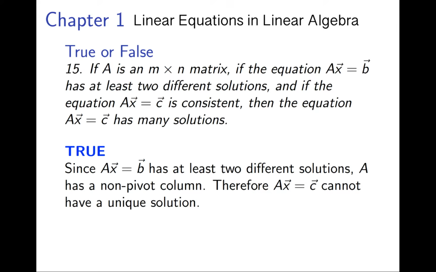Since AX equals B has at least 2 solutions, we can conclude that A has a non-pivot column. So either we have 0 solutions or infinitely many solutions. And since AX equals C is consistent, it has at least 1 solution, so it must have infinitely many solutions.